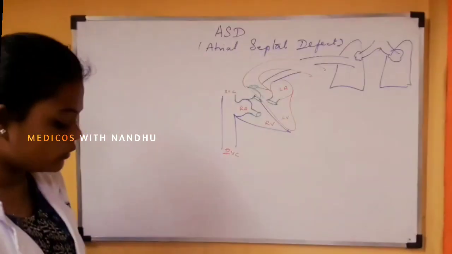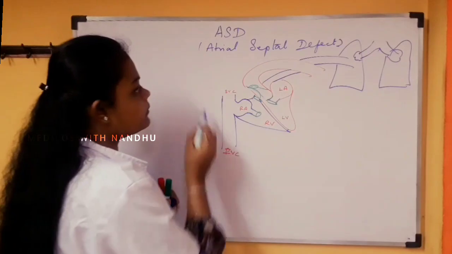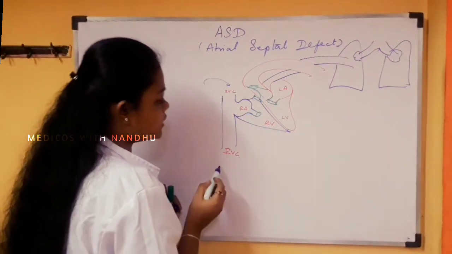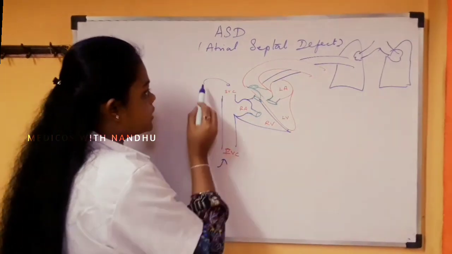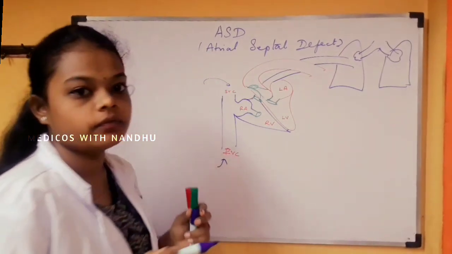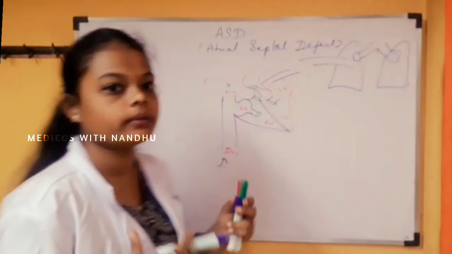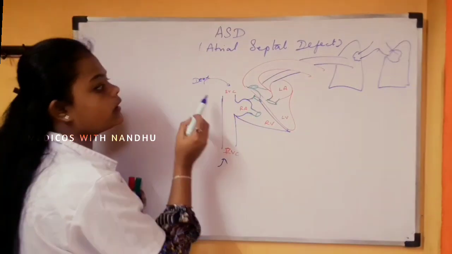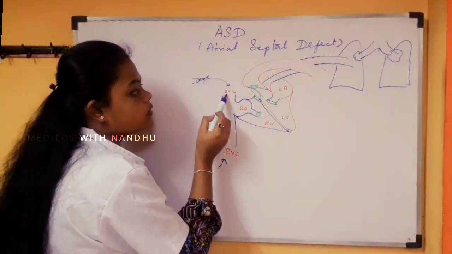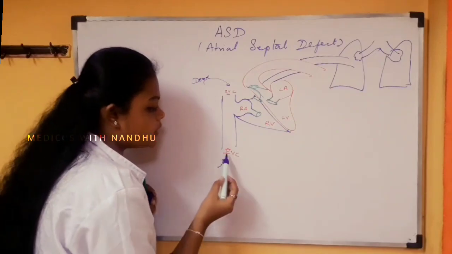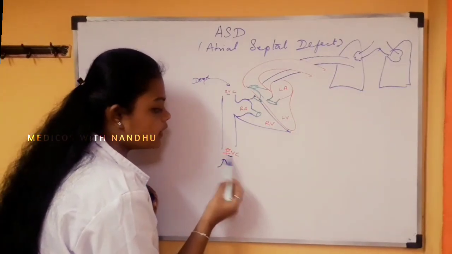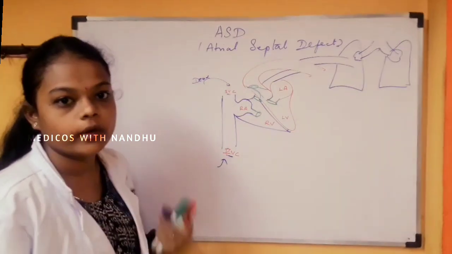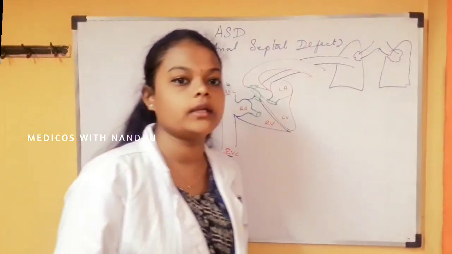So the entry of the blood will be from the upper extremities and lower extremities. Upper extremities like hands, head, neck. From these, the deoxygenated blood will be collected to the superior vena cava, as well as the inferior vena cava, which receives the blood from the lower extremities like legs, feet, hip.